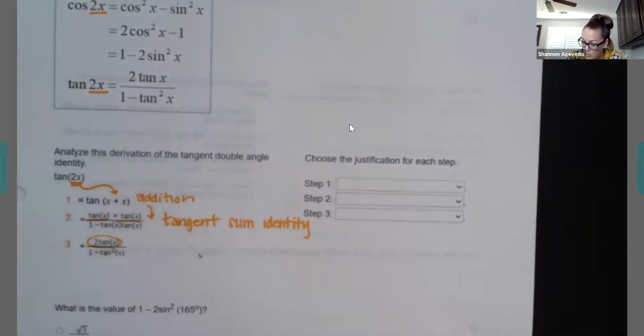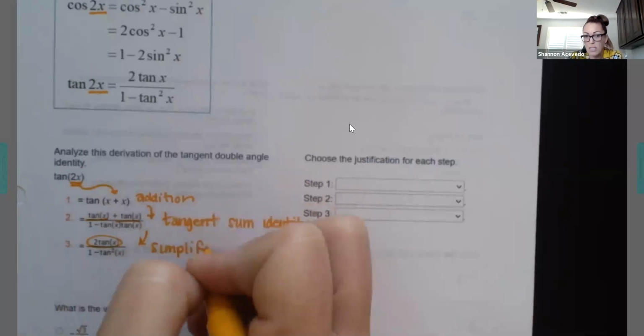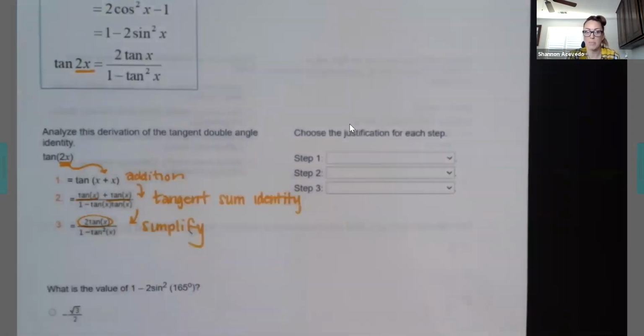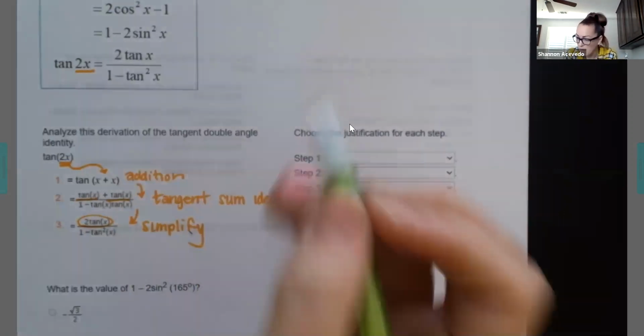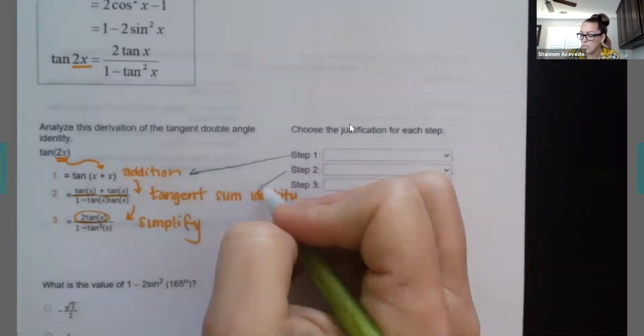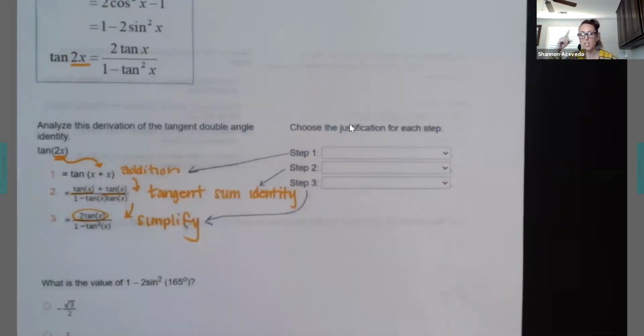So all we needed to do here was simplify. And so those are going to be each of the steps. I didn't write them in their box, but my step 1 was just an addition. My step 2 was the sum, and my step 3 was simplify. And it's a drop-down menu, so it's nice because you'll know exactly how it's worded.